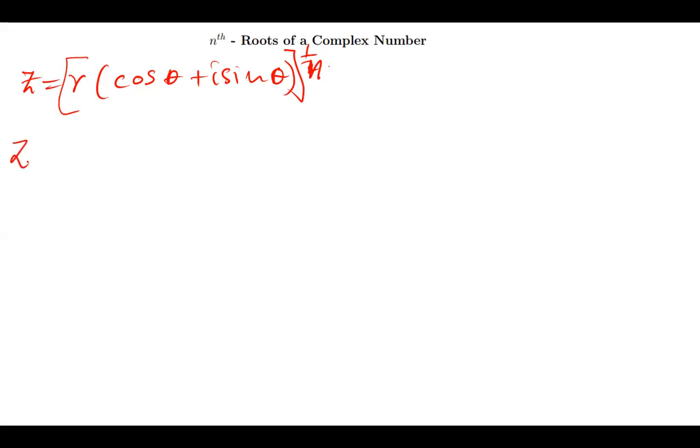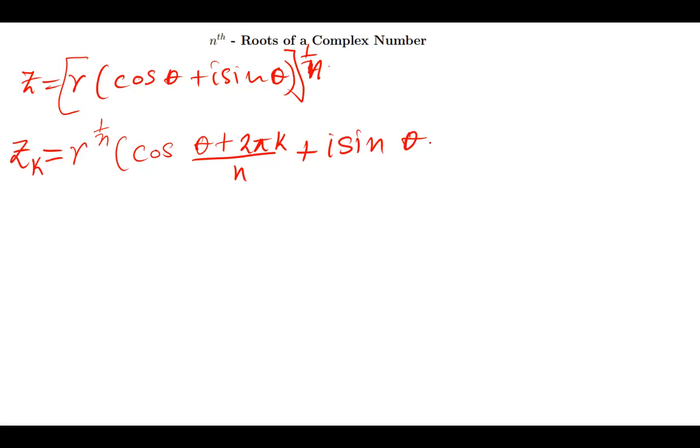So you have to find z subscript k is equal to, using De Moivre's, this will become r to the power 1 over n, open brackets, then you have cos, then the theta there, you add to it, if you're using radians, 2 pi k over n, then plus i sine theta plus 2 pi k over n.